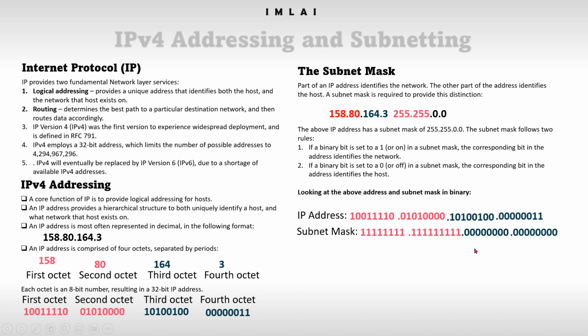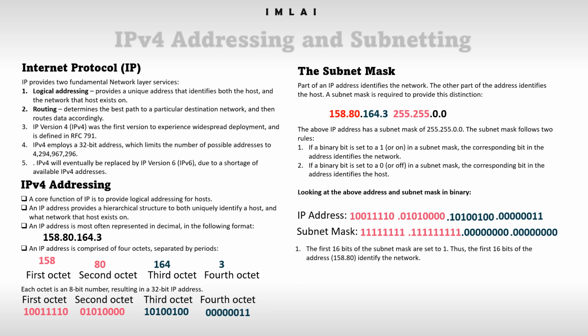I will practically explain the same thing in forthcoming sessions. Just to explain one more time, the first 16 bits of the subnet mask are set to 1.